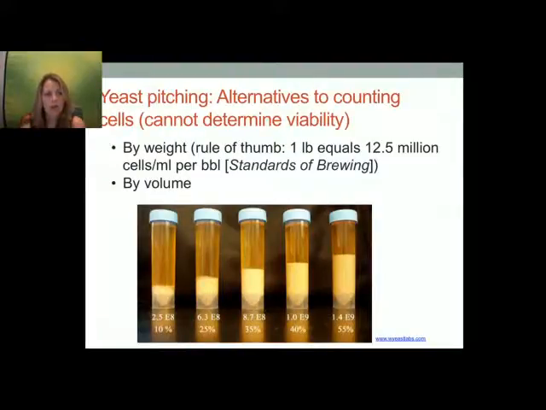You can also determine yeast pitch, the concentration of your yeast for pitching, by volume. In this example here, this is from Yeast Labs. You take a 50 milliliter sample of your slurry and put it into a 50 milliliter, and preferably graduated tube.